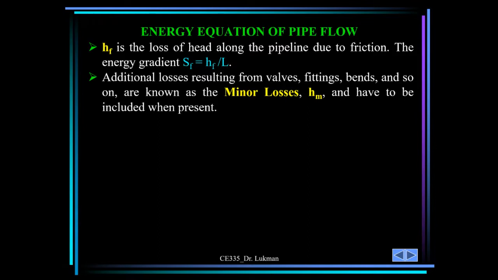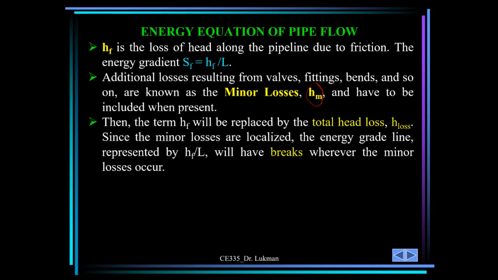These are known as minor losses, designated HM, and have to be included when present. As the name implies, they are minor compared to the major one, the frictional head loss, so sometimes they are neglected because more often than not, they may not change the computations a lot.